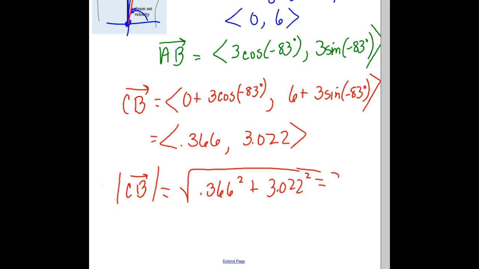All right, seeing 3.044 miles per hour. Okay. Now, is that reasonable?